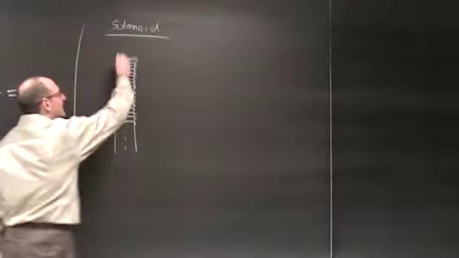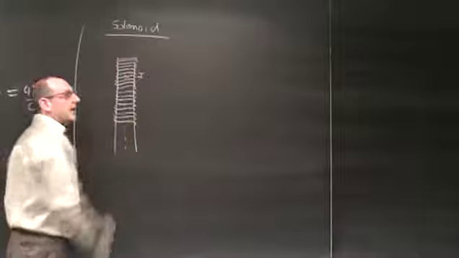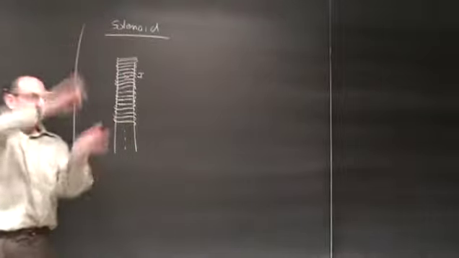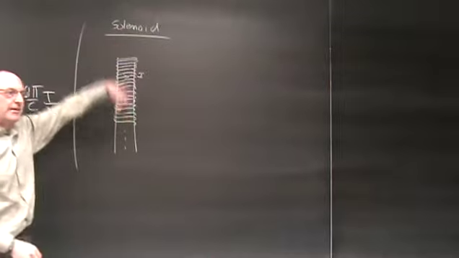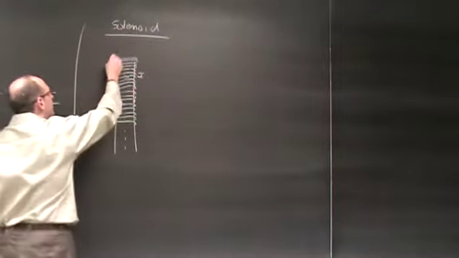That's my solenoid with current I flowing in each loop. And this is supposed to be very densely packed. There's no space between these wires.